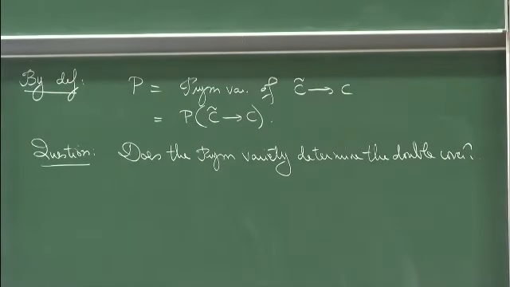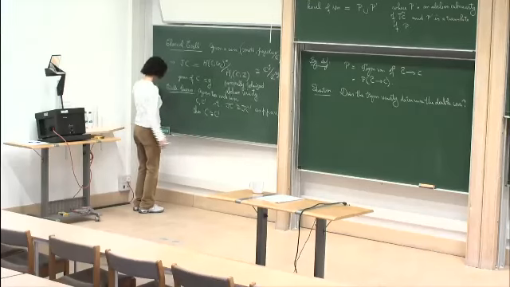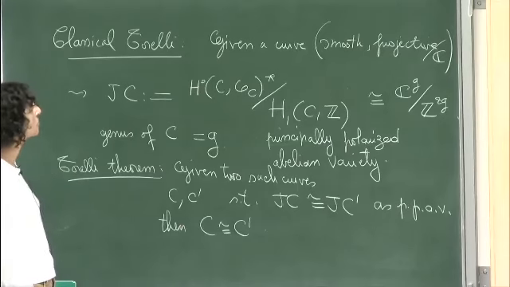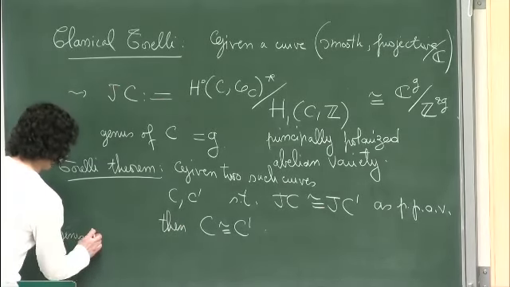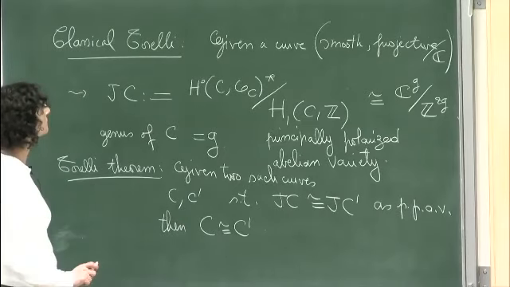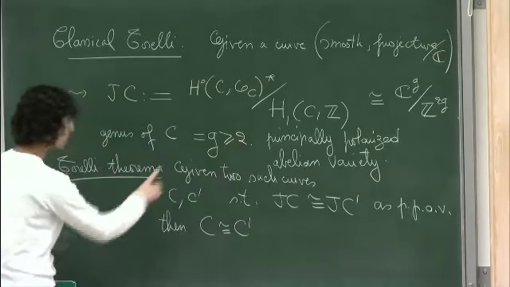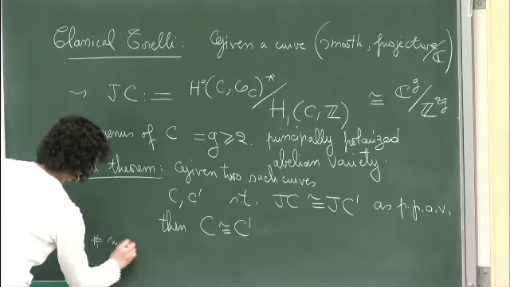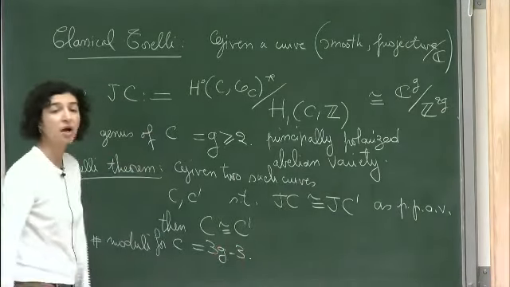Now, if you start thinking about this a little bit, you can first think about it in terms of moduli. In the case of curves, let me assume that the genus of C is at least 2. Then the number of moduli for the curve is 3g minus 3.